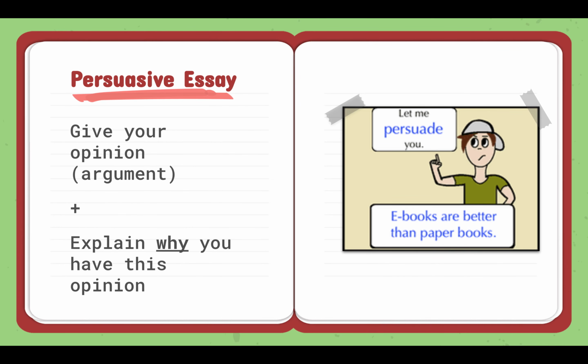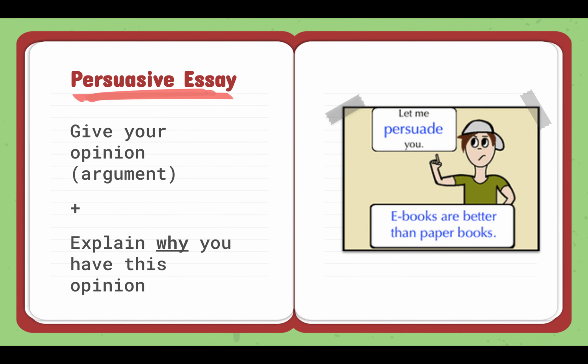After you give your opinion, you're going to spend the majority of the essay explaining why you have this opinion. So the goal of a persuasive essay is to persuade your readers to agree with you. Another way to say that is to convince your readers that your opinion is the right opinion, okay?